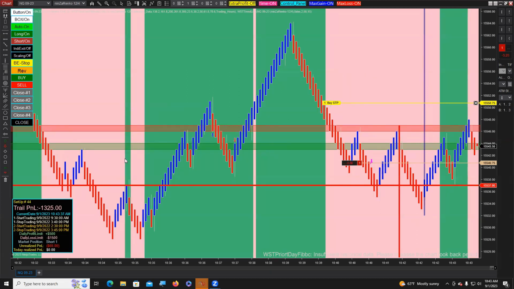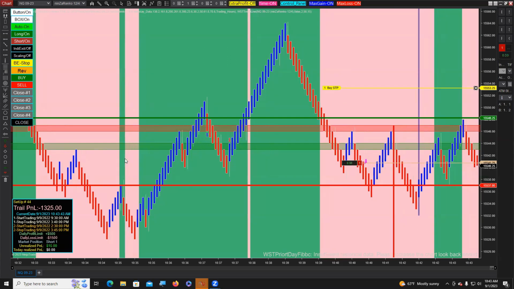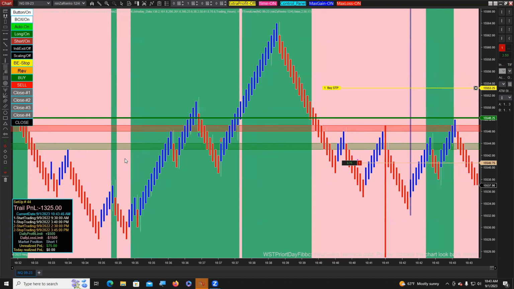I think the number one enemy of automated approaches is chop. Now, if you can eliminate one side and you only want to focus, let's say, on longs or only on shorts, you greatly reduce the probability.